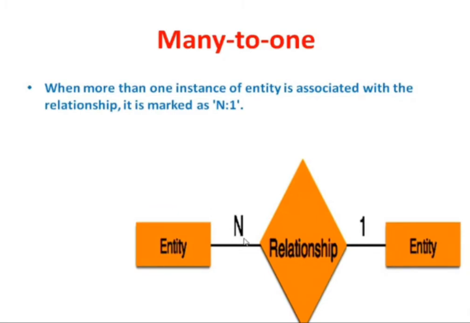So n number of students are listening to one lecturer, right? So n is to 1, many to 1. That is why this is not included in the textbook as well. 1 to many and many to 1 are one and the same. But let us discuss both 1 to many as well as many to 1.